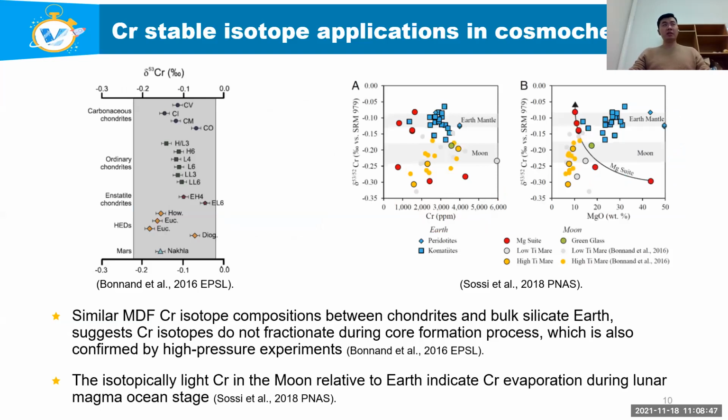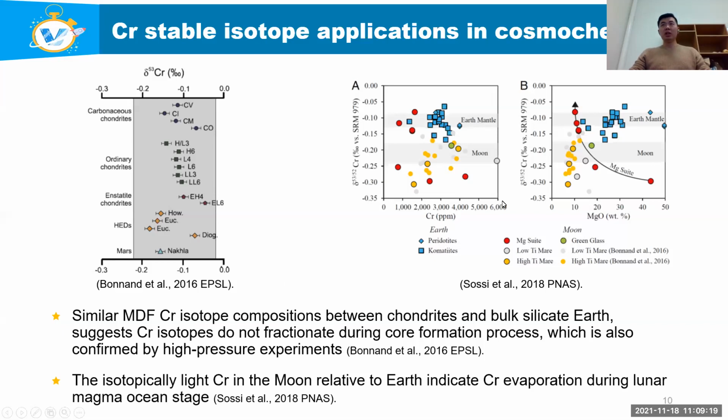This slide is about mass-dependent chromium isotopes. In the left figure, we can see that all these chondrites have a similar chromium stable isotope composition to the bulk silicate Earth, represented by the gray bar. This suggests that terrestrial core formation does not fractionate chromium isotopes.